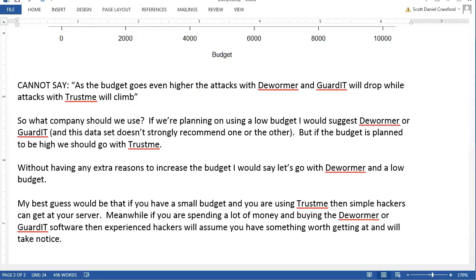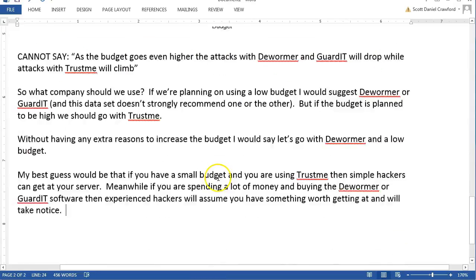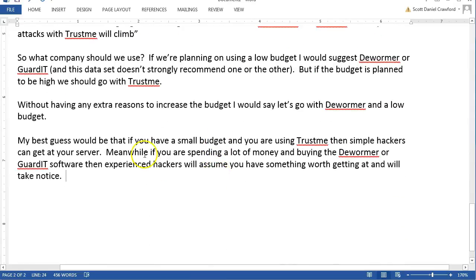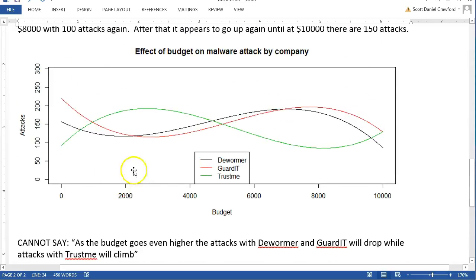And then I'm going to go a step further and try to make a guess as to why this curvature happens. I'm going to say, if you have a small budget and you bought Trust Me, then you get one type of hacker. But if you have a large budget and you have these companies, you get a different kind of hacker. Like maybe this is high because experienced hackers take notice of you.